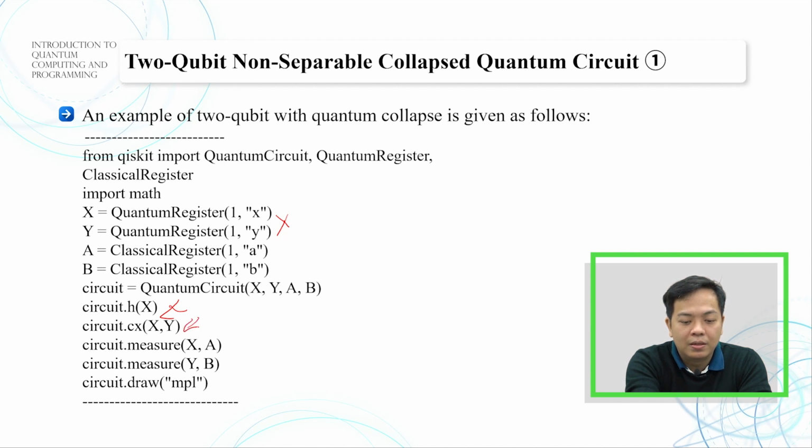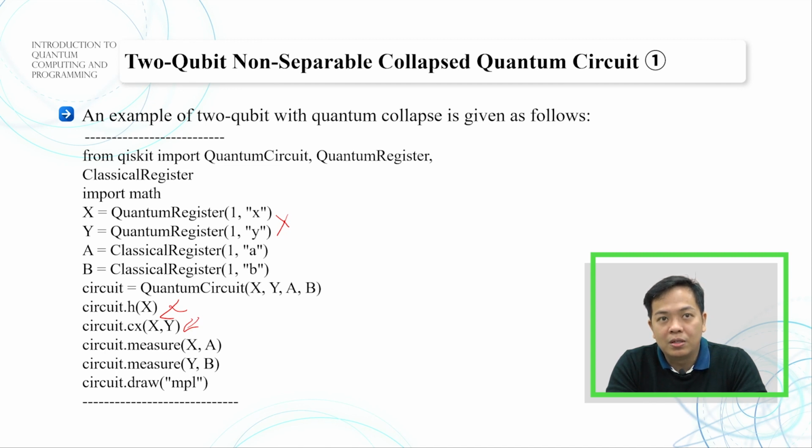With this we can take the tensor product, and we measure the value for each qubit. And the last step is to visualize the result on matplotlib.